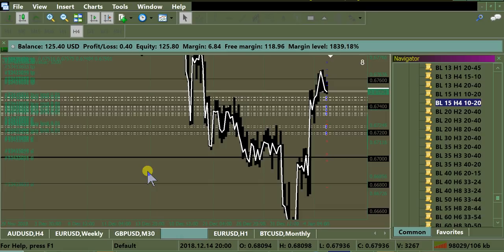And the reason why I can't really test that on the EA is because the spread is too important, and that EA is dropping those orders every hour. Every 15 minutes, it's dropping.